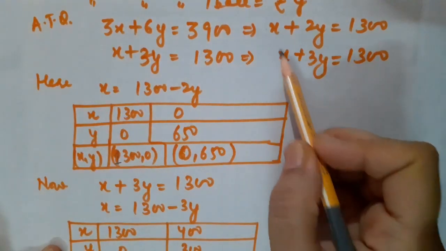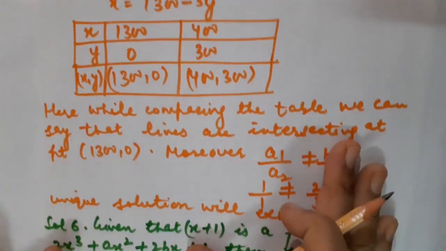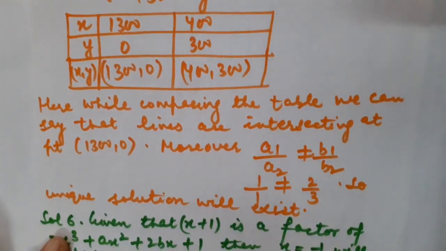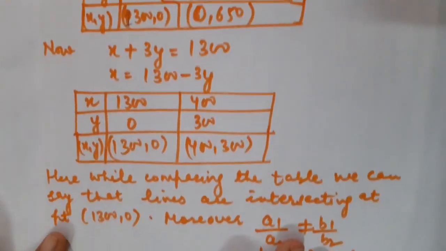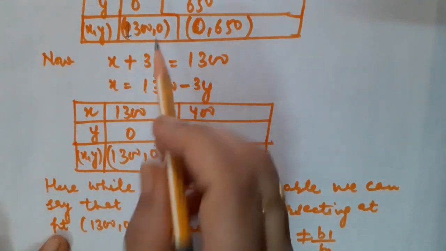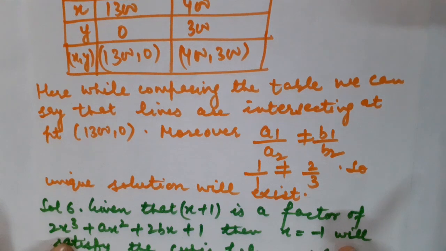As A1 upon A2 is not equal to B1 upon B2, we know that the lines will be intersecting and a unique solution will exist. And the unique solution is 1300, 0. The value of x will be 1300 and the value of y will be 0.